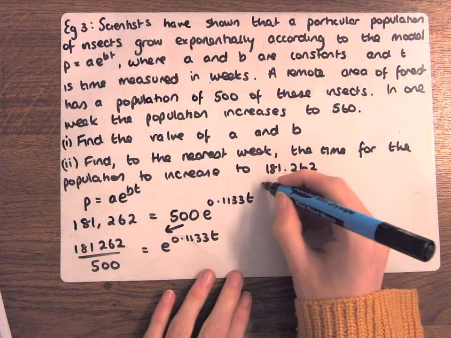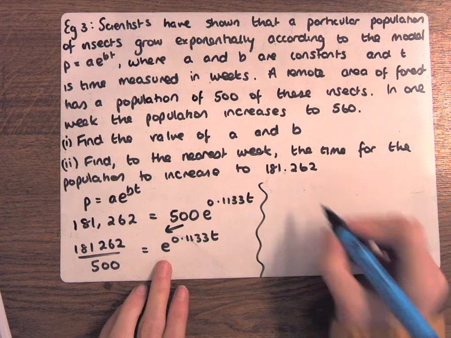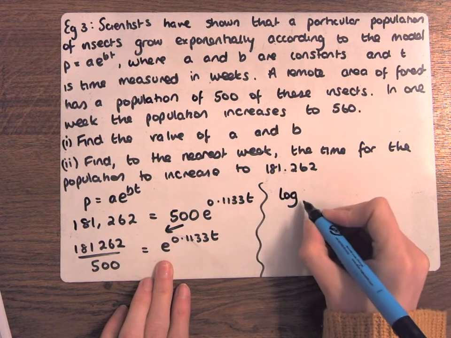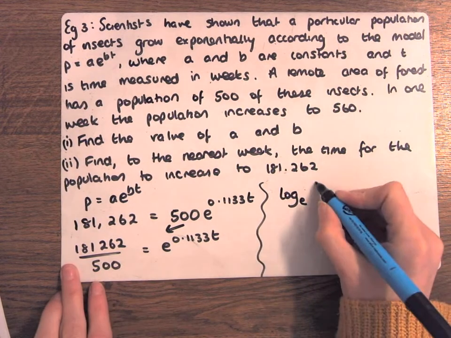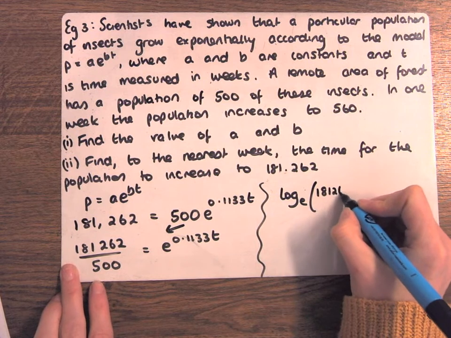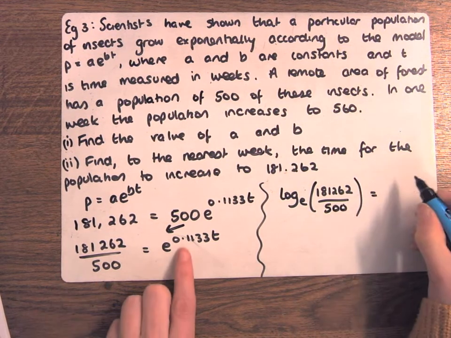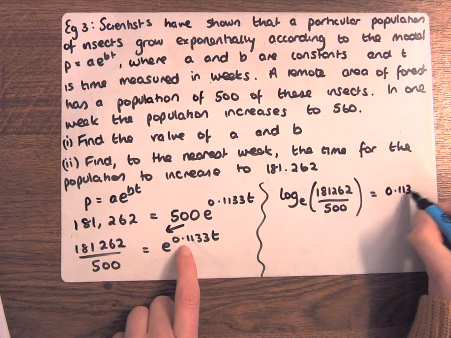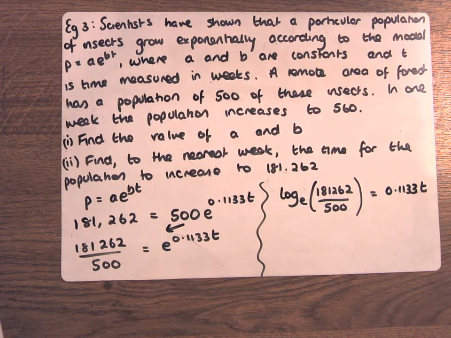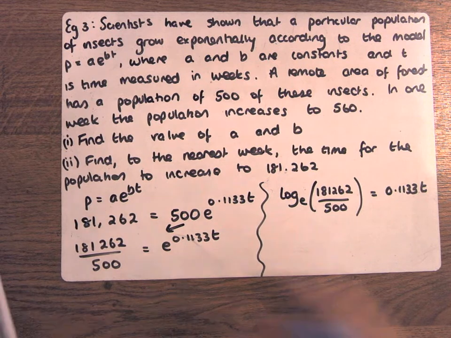Before tidying any of that up, because we don't have time, I'm just going to say log to the base e of this thing, and that can all go into your calculator, is going to give me the power. So log to the base e of 181,262 over 500.